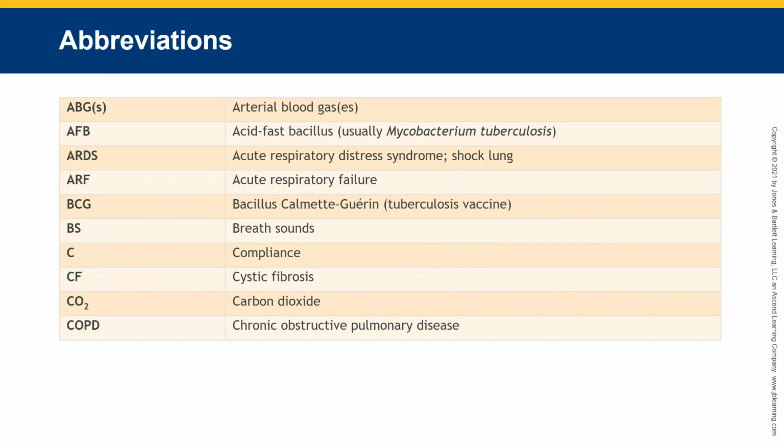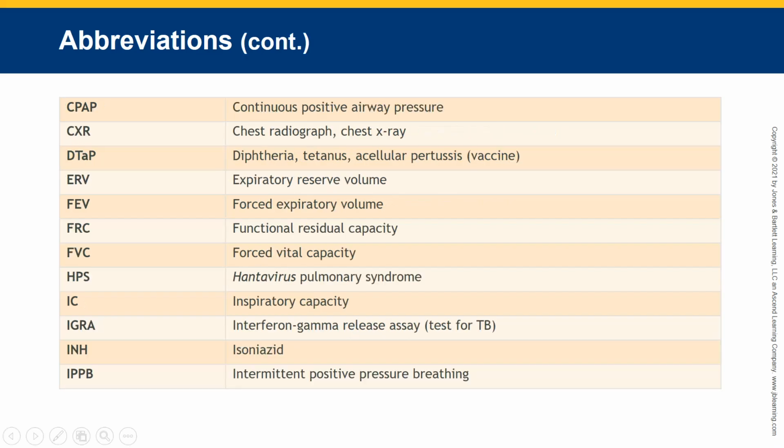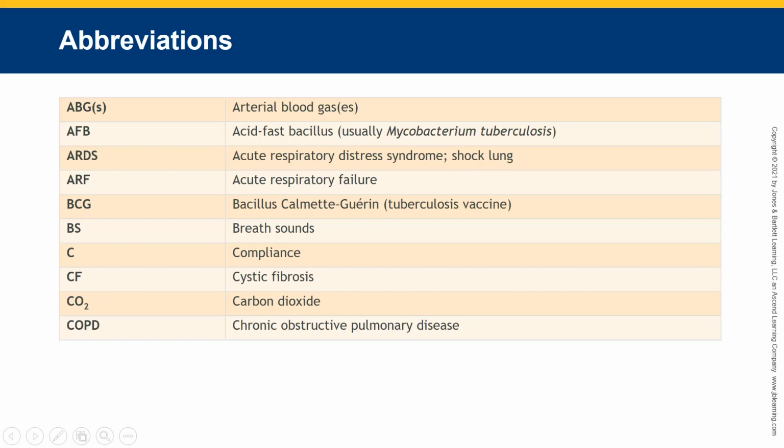Let's just look at a couple of really quick ones. ABG are blood gases. AFB is a special test we do in the lab, using special staining to see how the bacteria work, to help detect TB in the lungs. BCG is the Bacillus Calmette-Guerin vaccine.